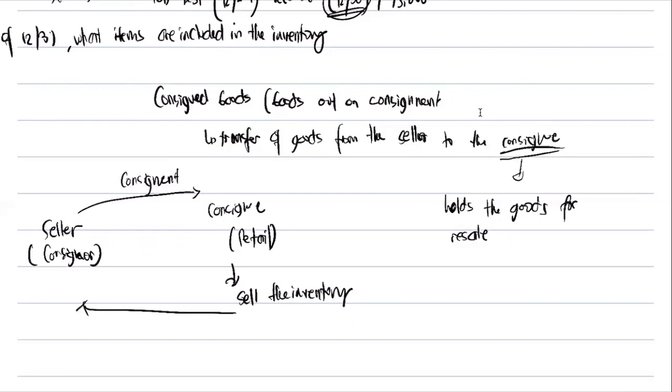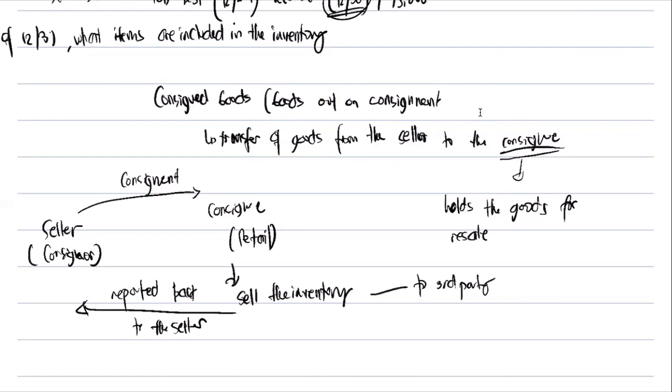And only when it is sold to a third party is it reported back to the seller. The seller is known as the consignor. The consignee is normally a retail business. The stocks are just placed in the retail establishment, and the retail establishment will sell them. When it is already sold, it is now reported to the consignor.